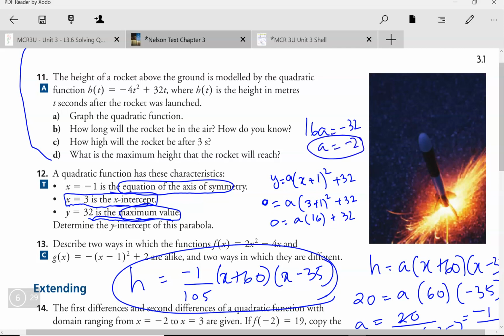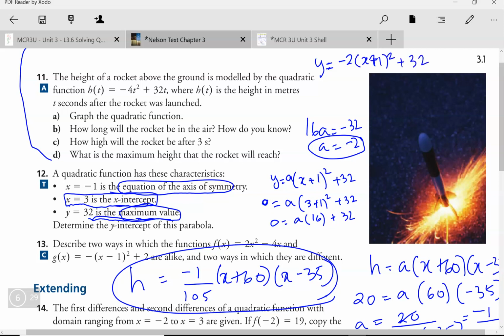So hopefully we'll see the algebra I did to get to a equals -2. And as soon as I have that function, finding the y-intercept is fairly easy work. Let's look at y equals -2 times (x plus 1) squared plus 32. This is a complete equation of my parabola.